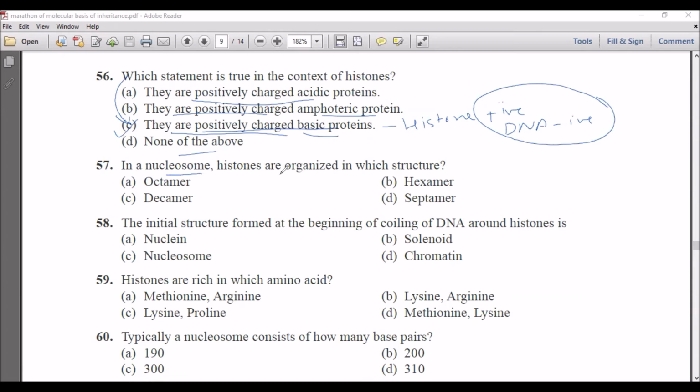Now in a nucleosome, histones are organized in this structure: octamer, hexamer, decamer, or septamer. Now we know that in a nucleosome, the histones are organized in octamer structure, that is 8 histone proteins.